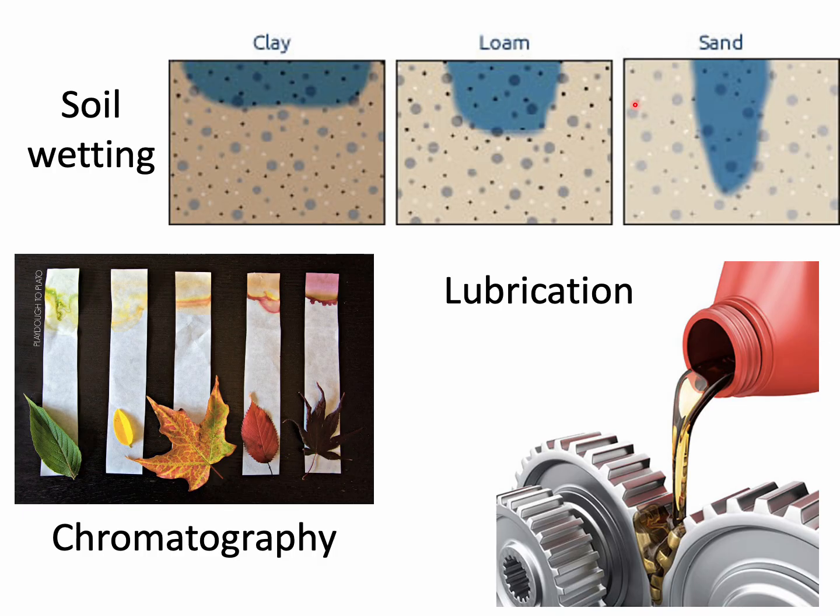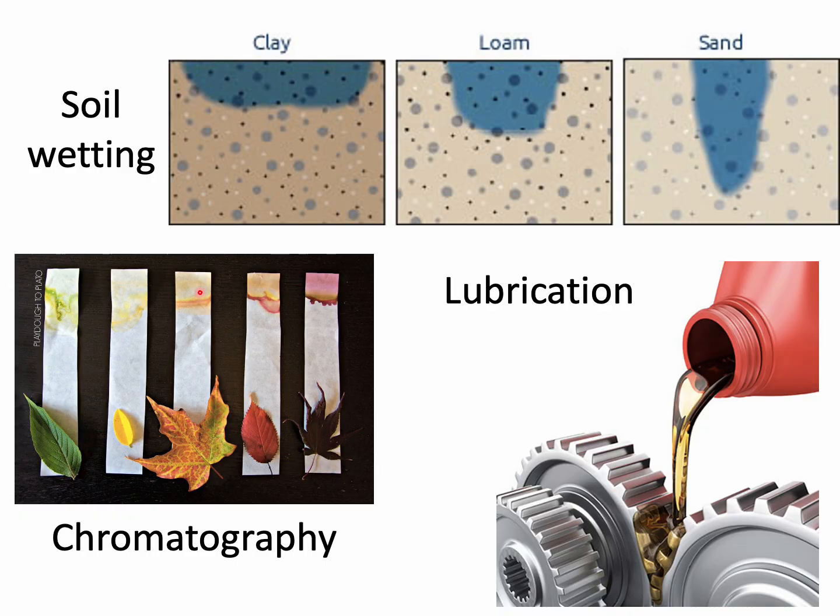These differences arise from variations in surface properties, pore size, and the interaction between water and the soil. Therefore, interfacial chemistry plays an important role in controlling how easily water wets and moves through soil.